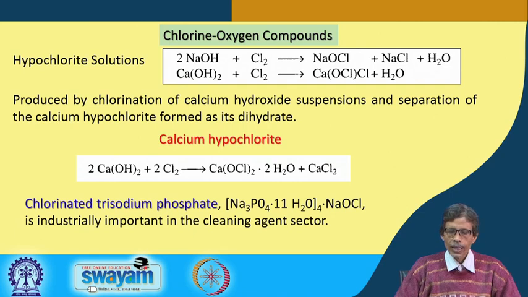So, how is this NaOCl being trapped? You have a huge amount of water of crystallization for this sodium phosphate. It is another variety of sodium phosphate, where 11 molecules of water of crystallization are present, stabilizing it in a particular crystalline form.